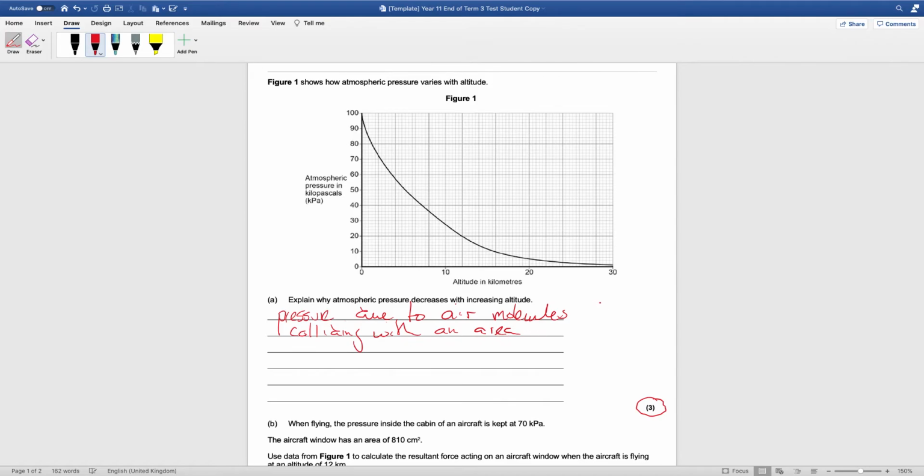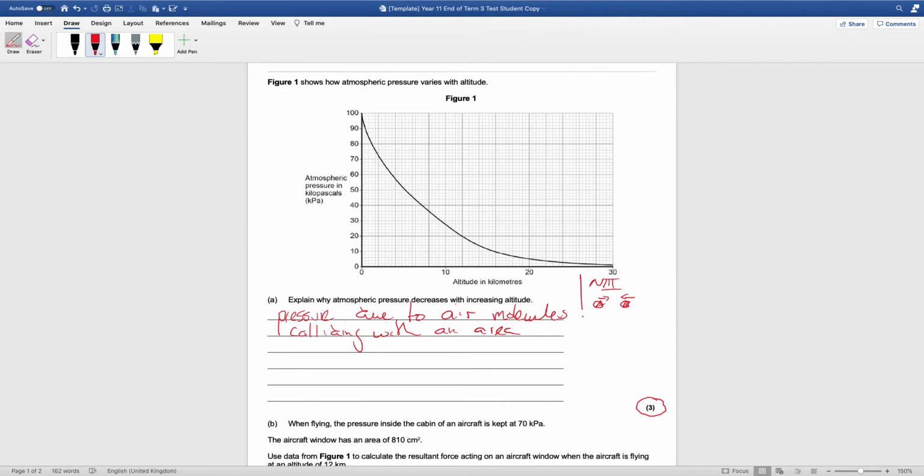If you think about it, a gas molecule collides with another gas molecule. By Newton's third law, the force of A on B is equal and opposite to the force of B on A, which means that there is going to be no pressure created on a macroscopic, large scale basis.